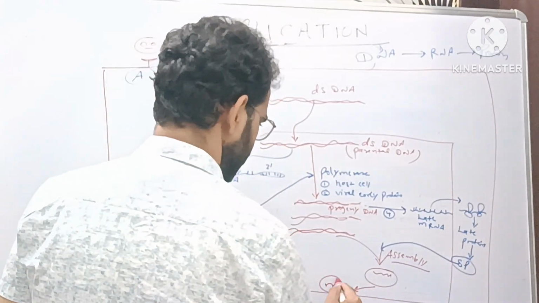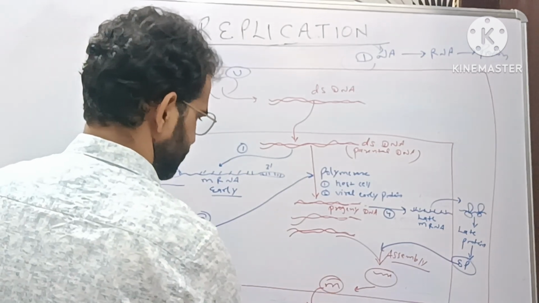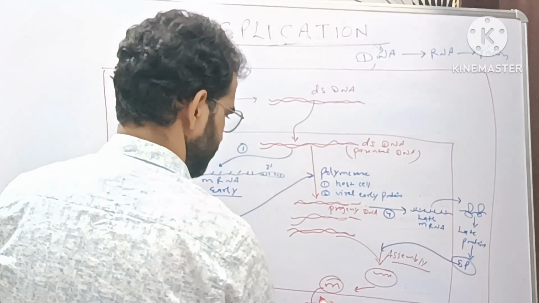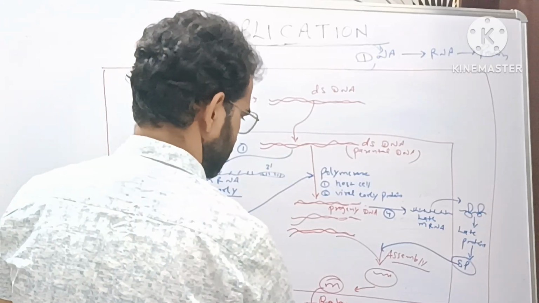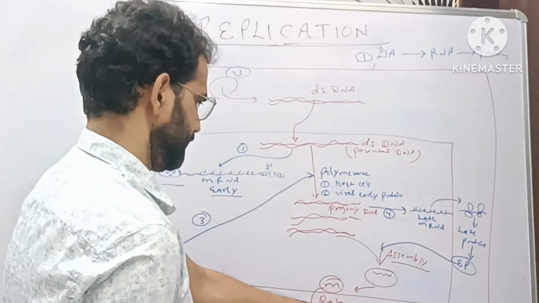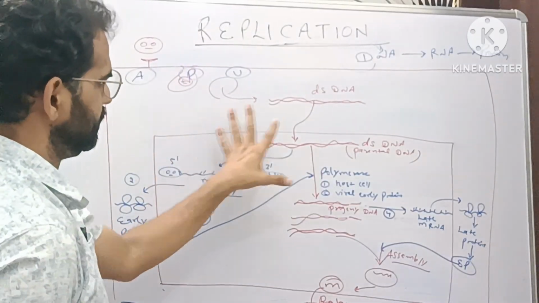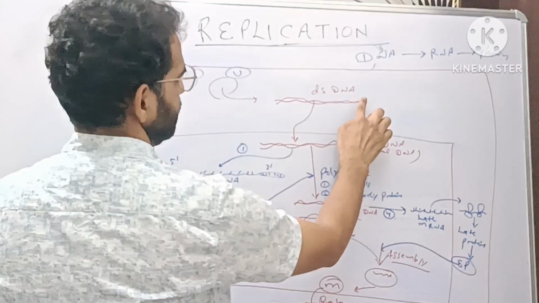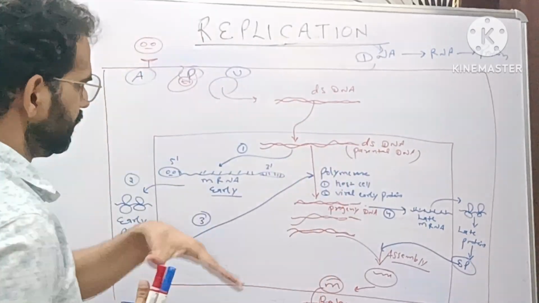Then there is the maturation step, and after maturation there is release. Release may be caused by budding or lysis. So this is one replicative cycle of a double-stranded DNA virus.